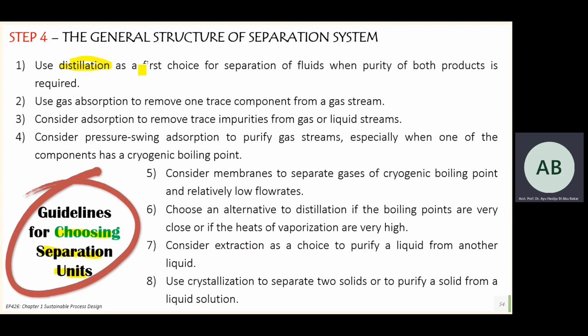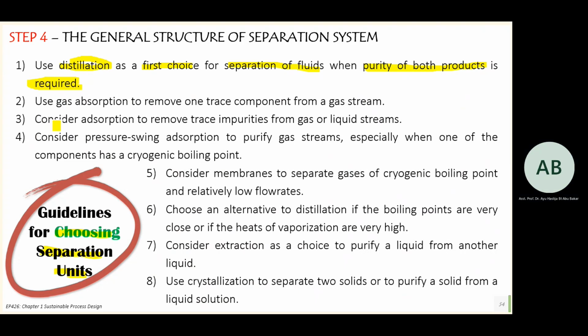Distillation should be the first choice for separation of fluids when purity of both products is required, because it depends on the boiling point, volatility, so you will get more purity products if you use a distillation column. Because if you use multi-stages, then it will be higher purity.